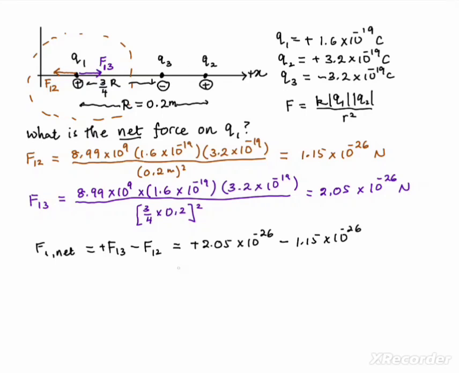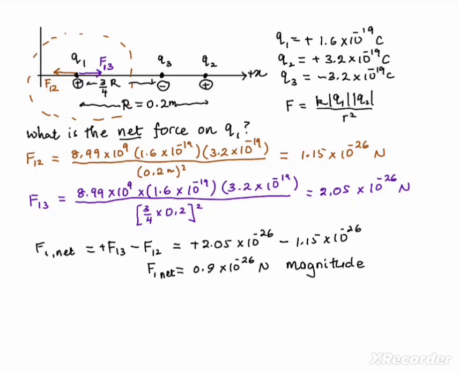That gives us 0.9 times 10 to the negative 26 newtons. This is F1 net, and this is the magnitude, meaning how big this number is in newtons.